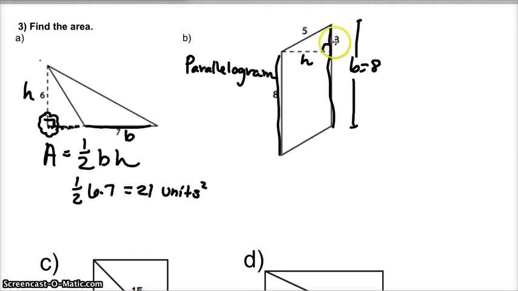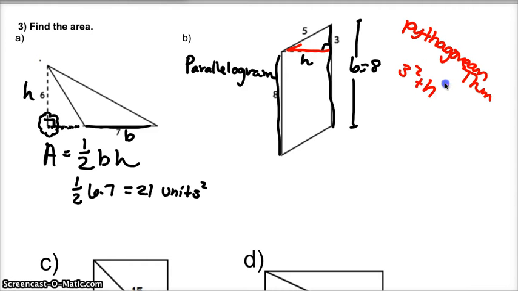The reason this 3 is here is because we need to use it to find the height. We have a right triangle, and we can use the Pythagorean theorem to say that a squared plus b squared is equal to c squared. So that's going to give me 9.